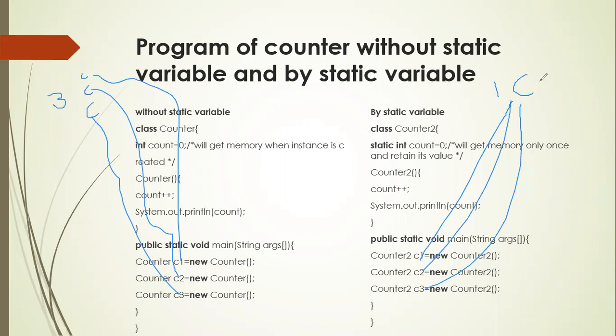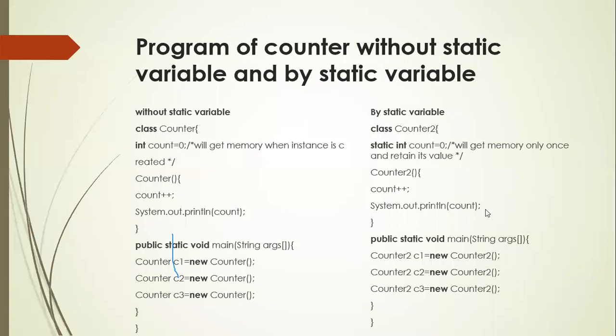If you make it static, once you have initialized it, the default value will be saved, and then the counter will start incrementing on its own. I hope you have understood this. We'll remove the annotations. The reason for giving more examples is that you need to understand clearly. I'll just remove this last annotation.